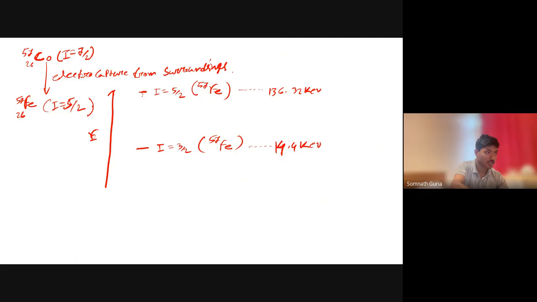The difference is 122 kilo electron volt, released as a highly energetic gamma ray.